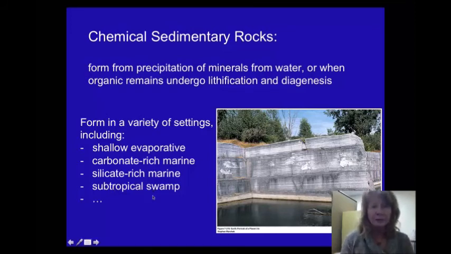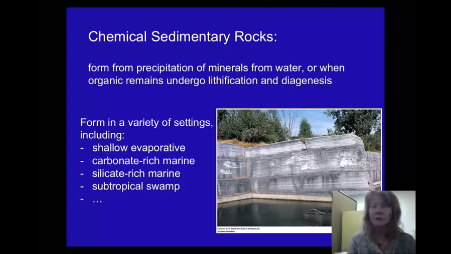In other environments, one example is a subtropical swamp, where there's a lot of organic material constantly growing, dying and being buried with inorganic material. If it's a warm environment, there's not a lot of oxygen introduced in the buried, watery environment, so not a lot of decomposition takes place.